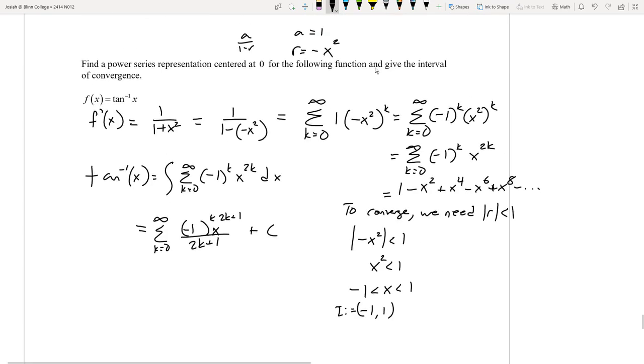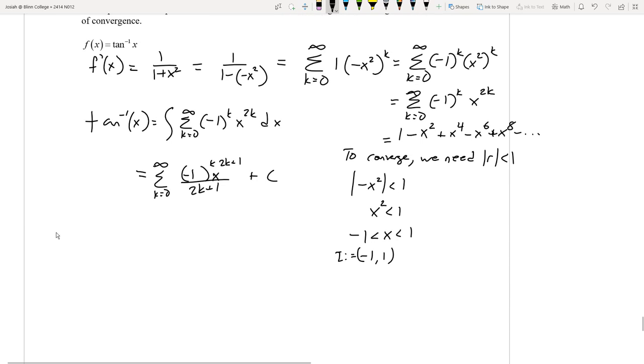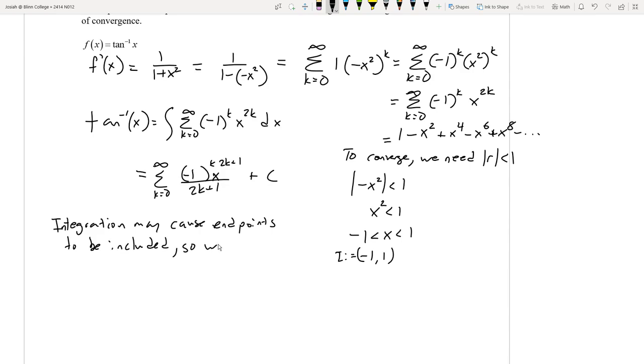So if we want to get the interval of convergence, we have to test the endpoints. So integration may cause endpoints to be included. So we must check.